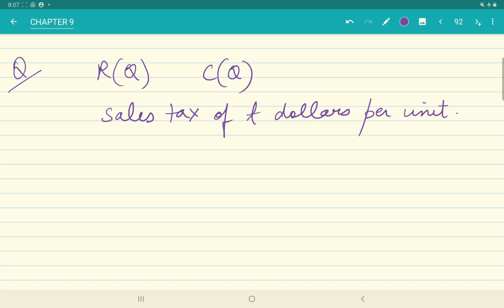Now let's suppose that the quantity at which our profit is maximum is neither equal to 0 nor equal to Q bar, it's somewhere in between. Let's say that quantity is Q star, and it is going to satisfy R prime Q star equal to C prime Q star plus T, because in this case the first derivative of the profit function is set equal to 0.